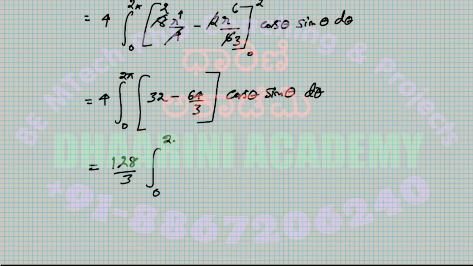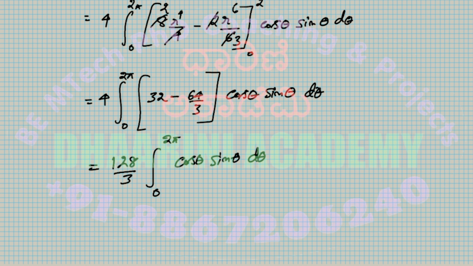Okay, let's try to write that. That is 128 by 3. Let me write it that way. So this is 128 divided by 3, integral 0 to 2 pi, I have cos theta sine theta d theta. How do you solve this?